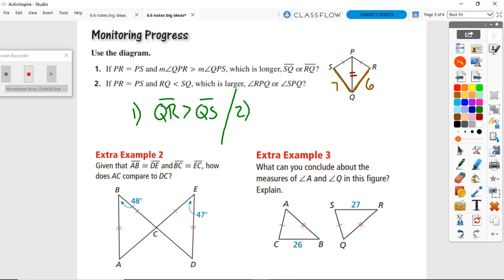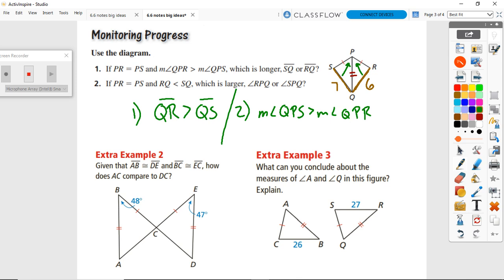Would it be the angle that is creating QR or the angle that is creating QS? And of course, since SQ is larger, trace it back. The angle that creates it would be greater. So the measure of angle QPS would be greater than the measure of angle QPR.